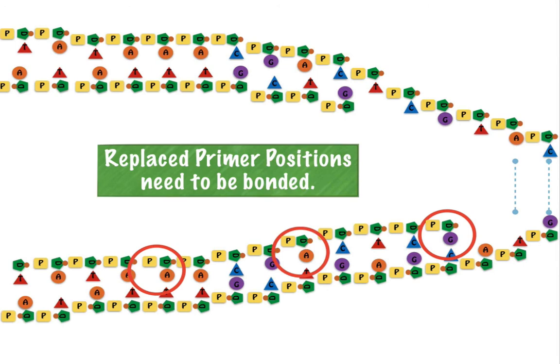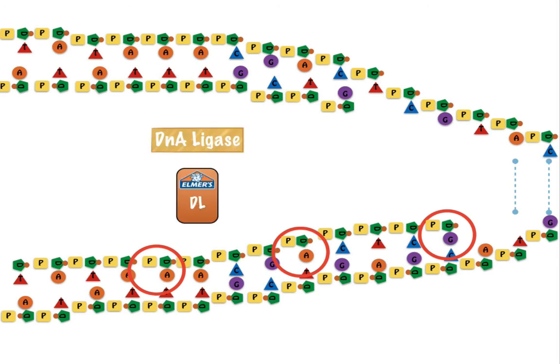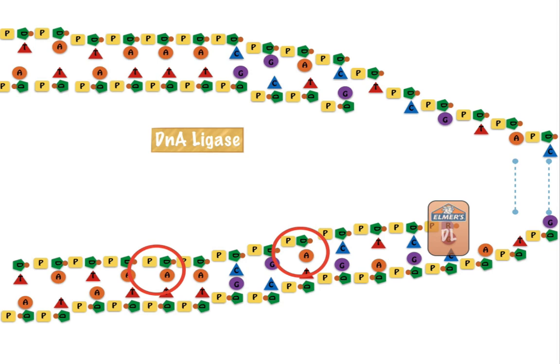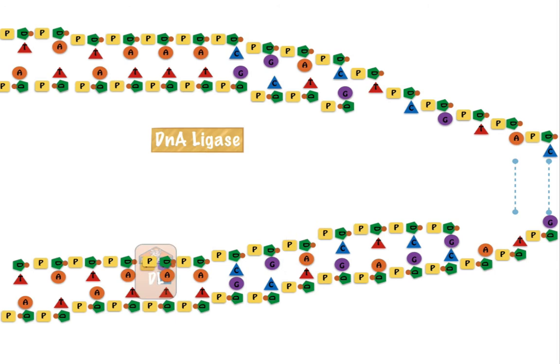Well, on our lagging strand, this strand is still not completely stable. So what's going to happen is our DNA ligase, which is Elmer's glue, is going to identify all the positions where our RNA primers were before, and it's going to go down the line and glue together, if you will, or bond these new DNA nucleotides to the rest of the DNA molecule and make this double strand more stable.